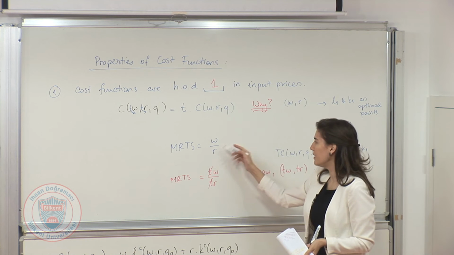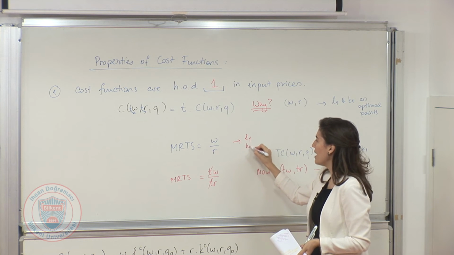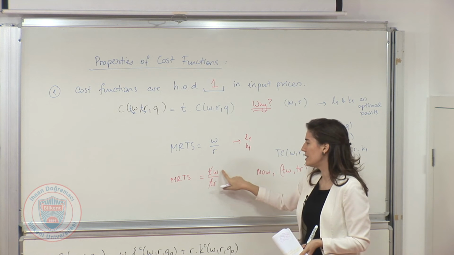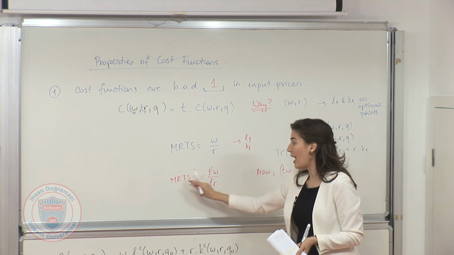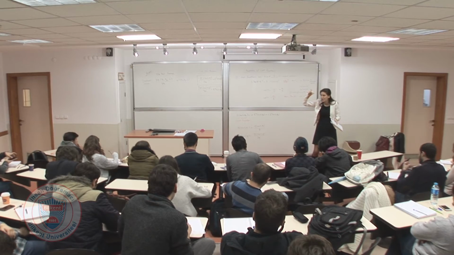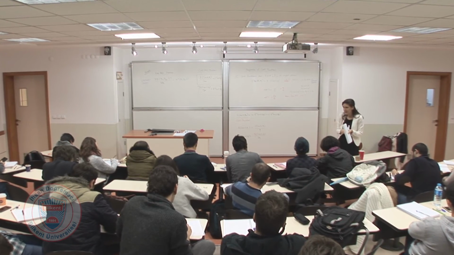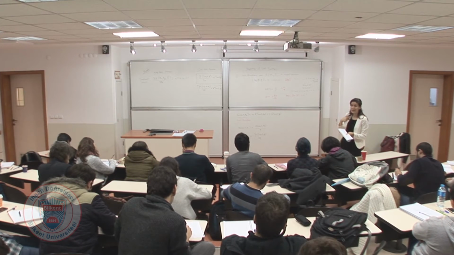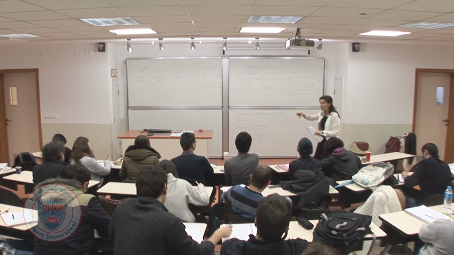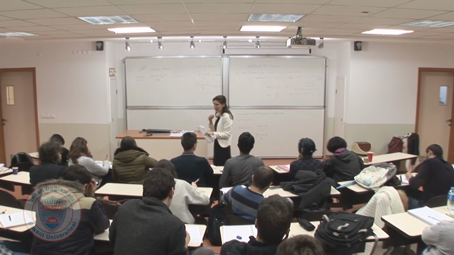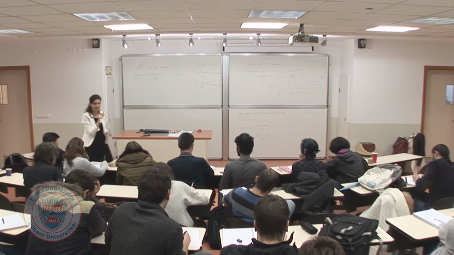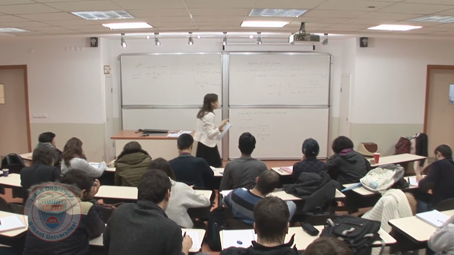If L1 and K1 were satisfying this, then when prices are TW, TR, they are also going to satisfy this equation again, because the ratio of the prices didn't change. What matters for us is the ratio. But what you were saying, yes, is that now costs are higher. It's the same optimal bundle, but now the costs are much higher.